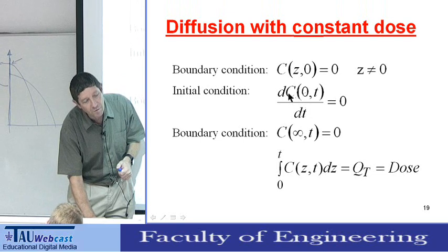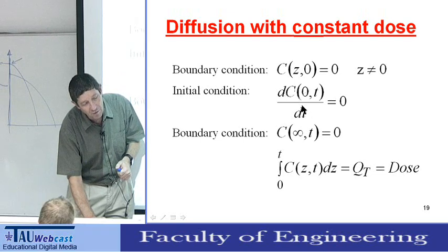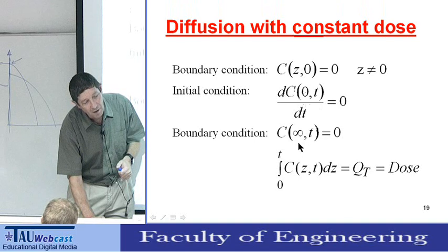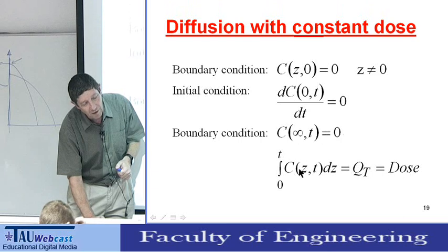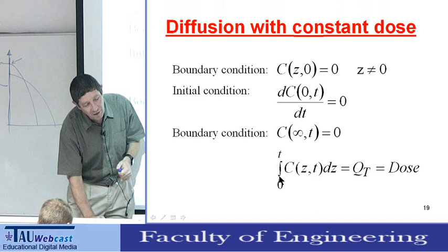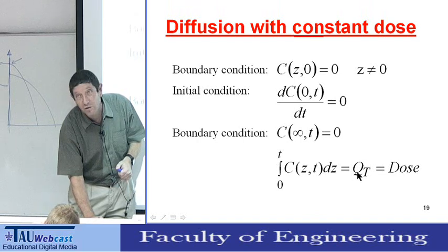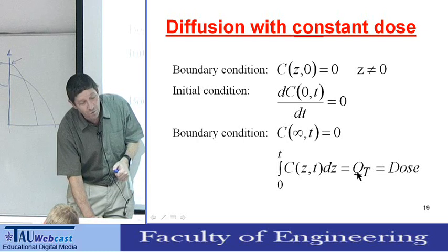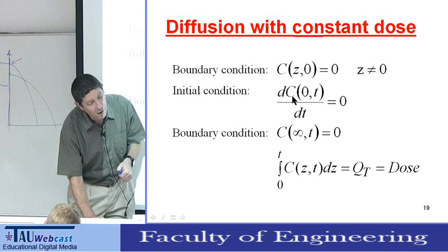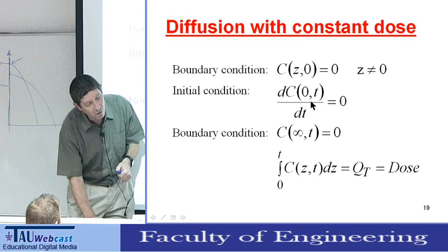Initial condition also derivative equal to 0. And this is the boundary condition, C(0,t) equals 0. Again, the profile goes to 0. And what's important, the integral of the concentration is constant because the total number of atoms is constant. Again, we have to check this boundary condition.